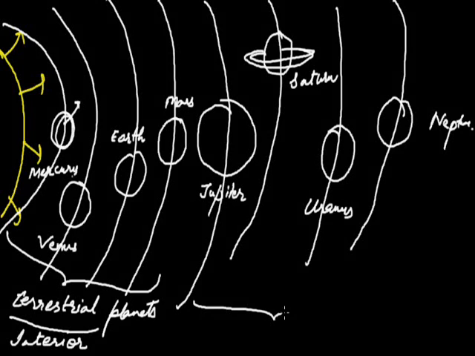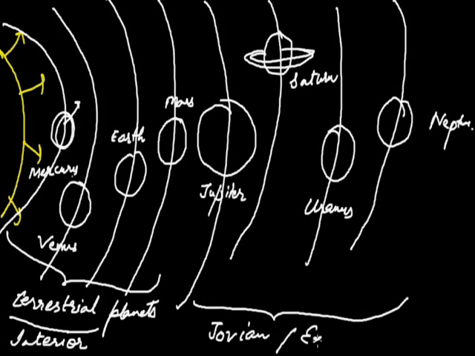Then we have the last 4 planets, which are the gas giants. These are generally not as rocky as the first 4 planets. These are called Jovian or exterior planets. So this is the classification of the 8 planets according to their distances.